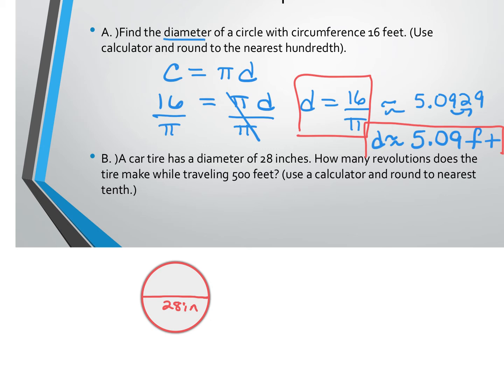Now, when we're talking about a revolution, it's like when the tire goes around in a circle. So what I'm going to do is find the circumference of this tire. And because they gave me a diameter, I'm going to use pi times d.